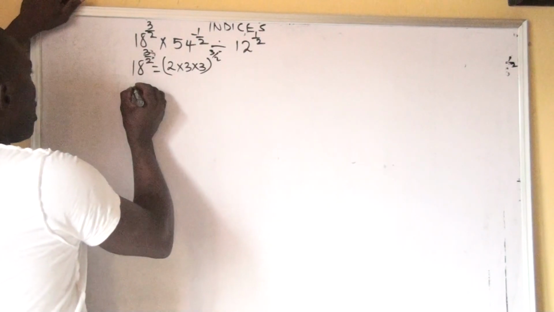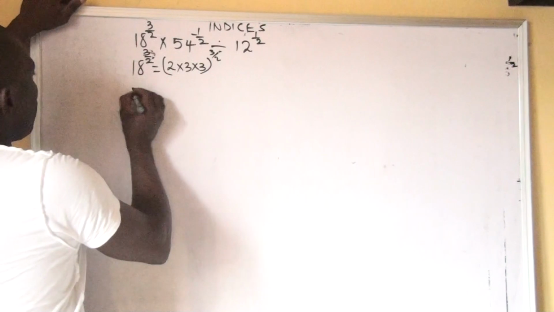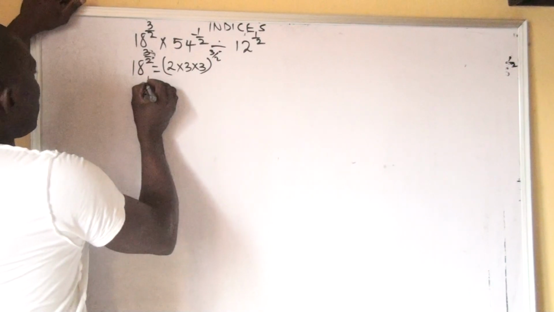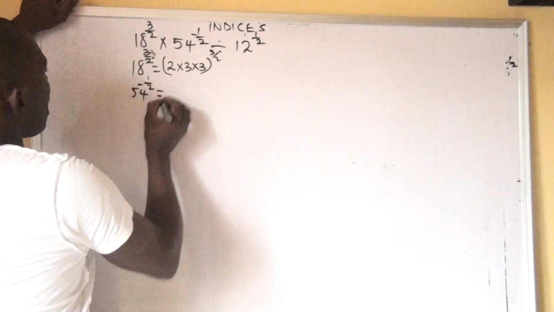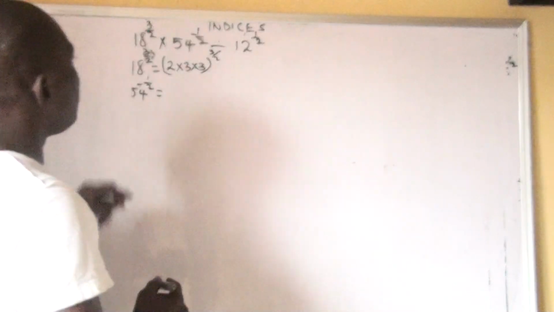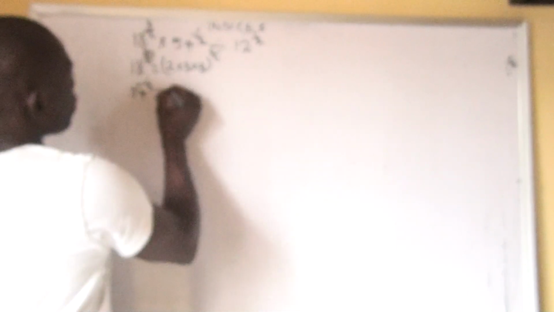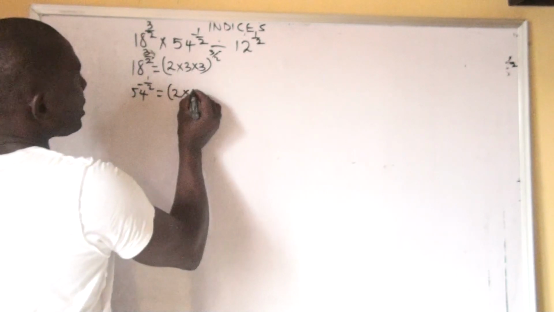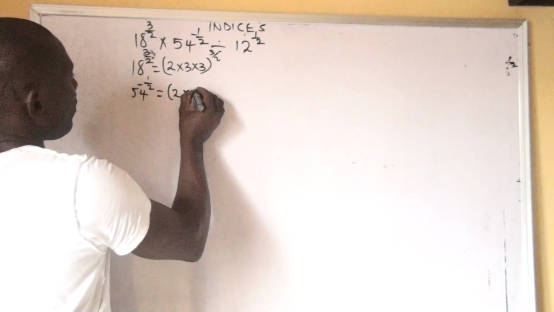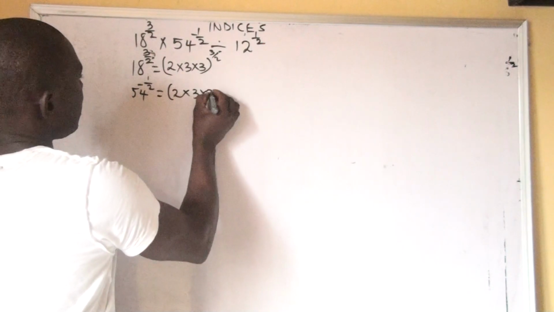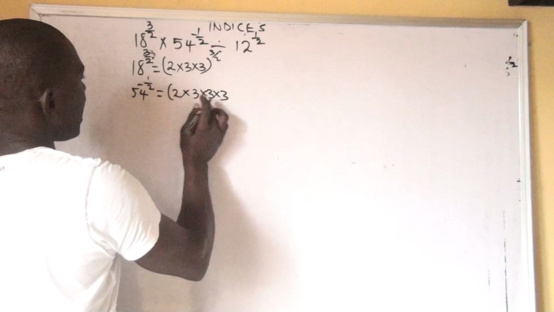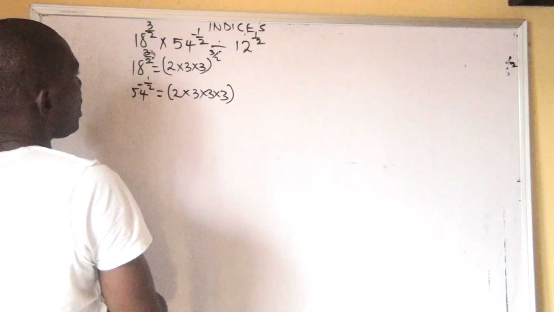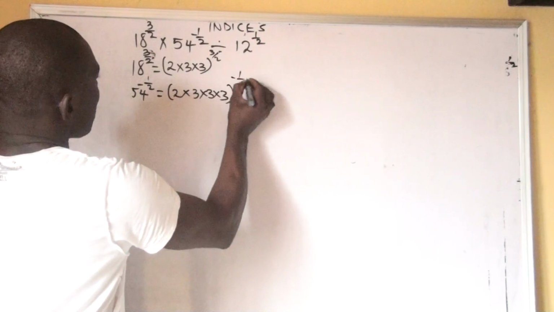Let's look at our 54. 54 raised to the power minus half. Our 54, 2 can divide it. If 2 divides 54, that means it's going to give us 27. So we're going to have 2 times 27. We can express it: 3 can divide, that means 3 times 3 times 3, which is 9 times 3. So we put it in this form. This one raised to the power minus half.